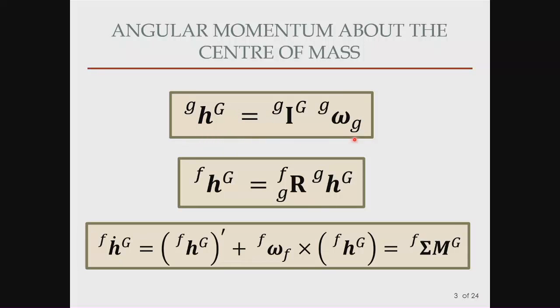In this case, it is expressed in frame G, because when we were doing these derivations, we made some assumption that frame G is attached to the rigid body, and so the frame G and the body share the same angular velocity. Okay, so remember, this is absolute angular velocity.